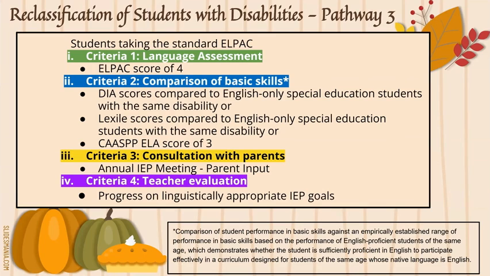If you look at criteria number 1, this is for our students that participate in the LPAC, and the expectation is to score the highest level, which is a level 4.